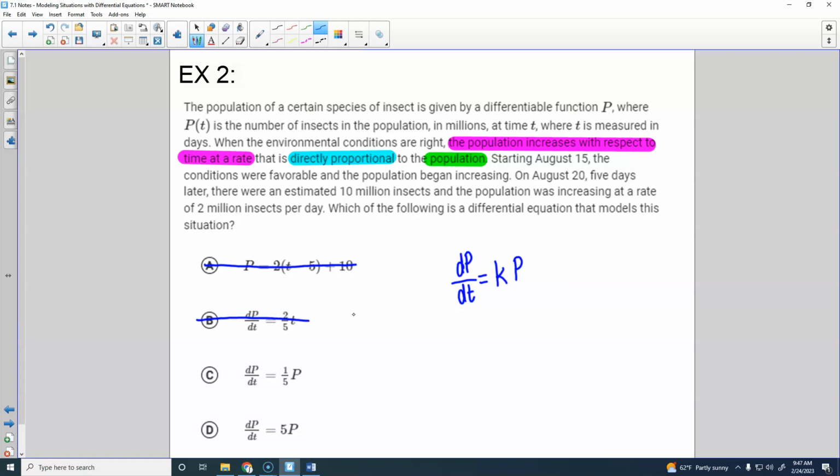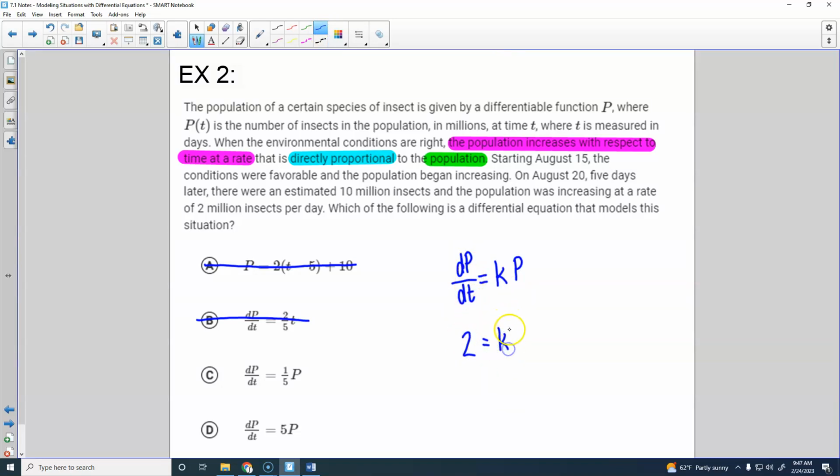And so for this one, we got to figure out the actual k value. Okay. So it tells us that on August 20th, 5 days later, there was an estimated 10 million insects, and the population was increasing at a rate of 2 million insects per day. It's going to be 1/5, because if you put in, the rate is 2, so we can plug in 2 right here.